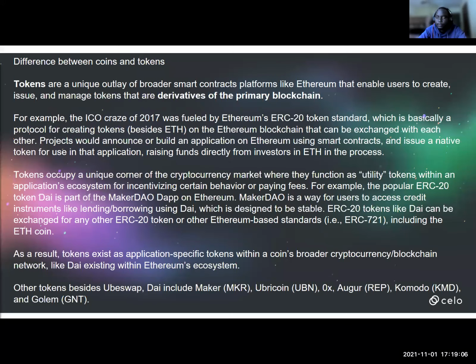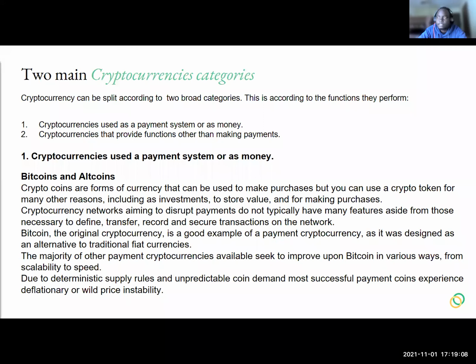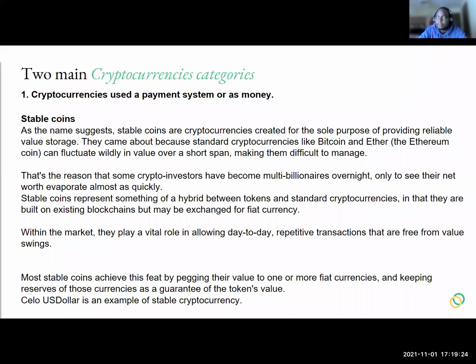And then we talked about the 2 main cryptocurrency categories: the cryptocurrencies that are used for payment, or as money, and then there are other cryptocurrencies which provide functions other than payment. That is for, like, accessing a platform.